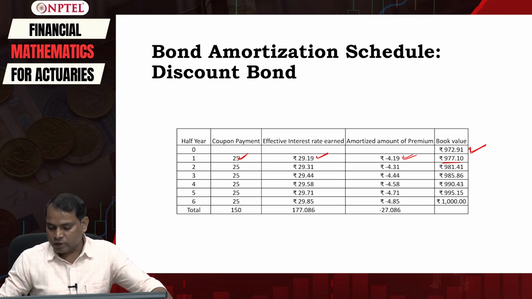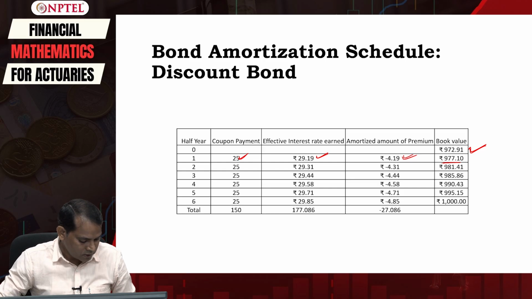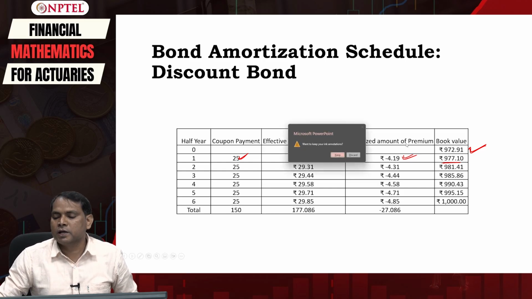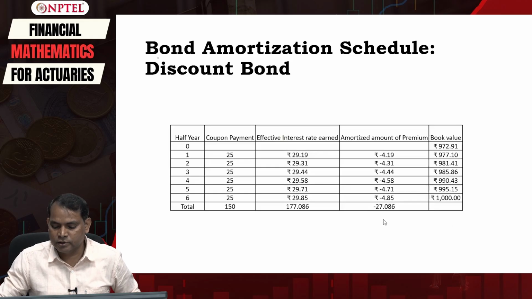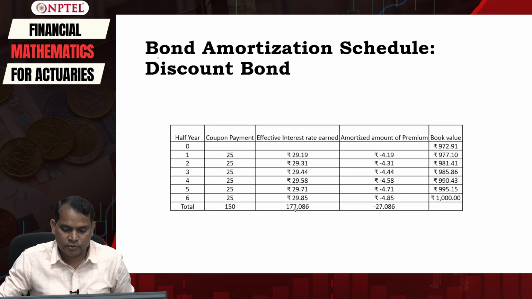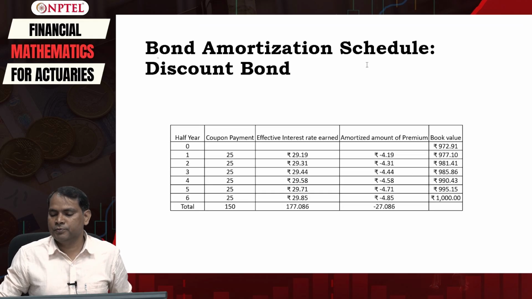For our curiosity, let us now go back to Excel and see whether we get the same value. Remember that here we are getting minus 27.086. The total effective interest earned is 177 and the total coupon payment made is 150.